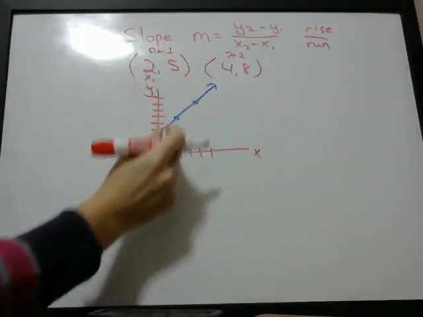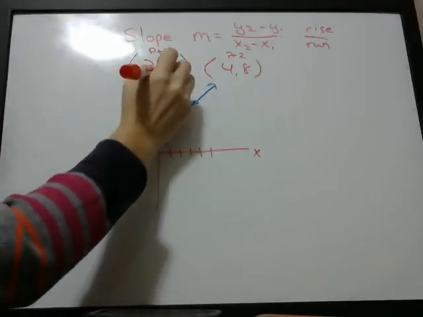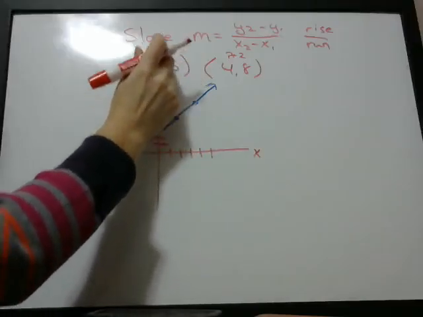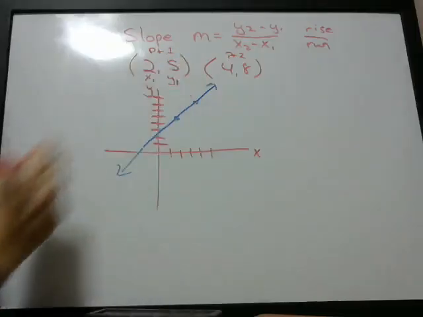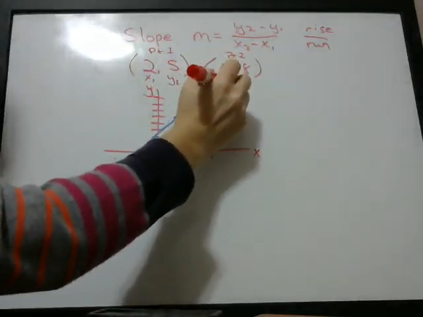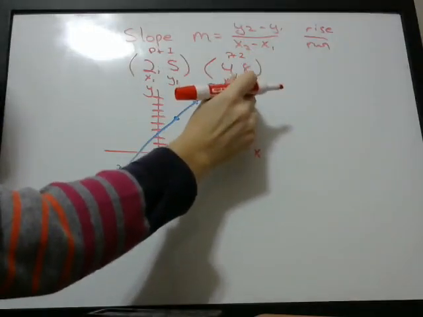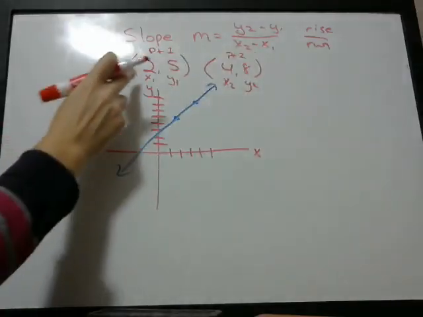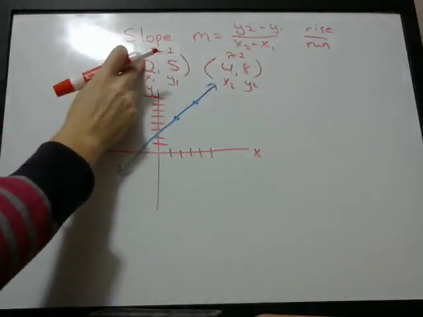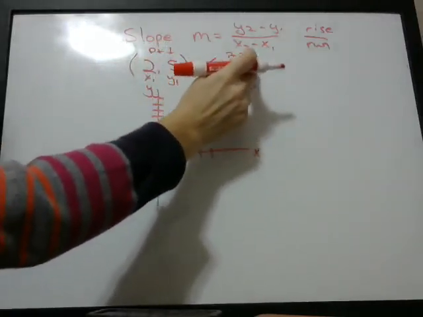This is the y component. It's how many spaces we move up and down on the y line. So that's the y component. Since we're calling this point 1, we're going to call that y1. Here's point 2. So this is x2 because it's point 2, and y2 because it's the y component and it's point 2. So we have x1 is equal to 2, y1 is equal to 5, x2 is equal to 4, y2 is equal to 8.